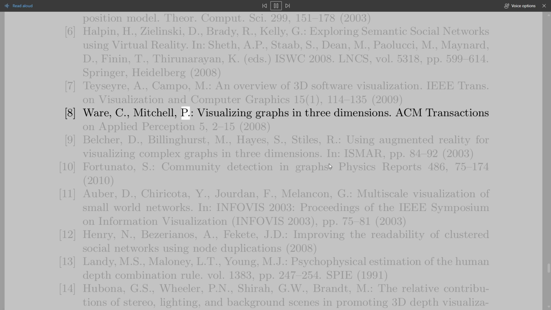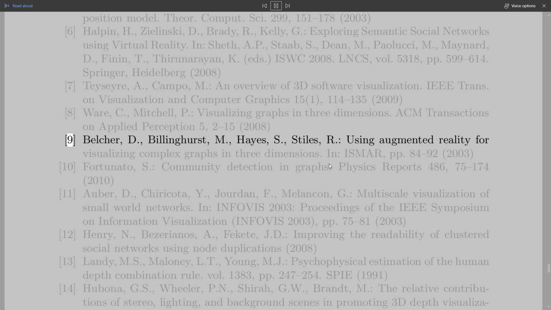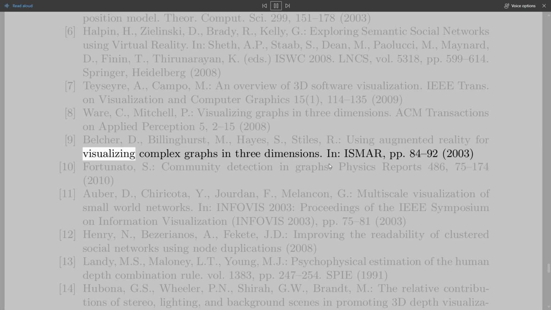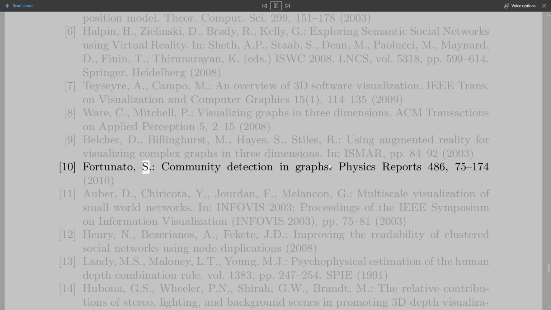8. Ware, C., Mitchell, P. Visualizing Graphs in 3 Dimensions. ACM Transactions on Applied Perception 5, 2 to 15, 2008. 9. Belcher, D., Billinghurst, M., Hayes, S., Stiles, R. Using Augmented Reality for Visualizing Complex Graphs in 3 Dimensions. In ISMAR, pages 84 to 92, 2003. 10. Fortunato, S. Community Detection in Graphs.